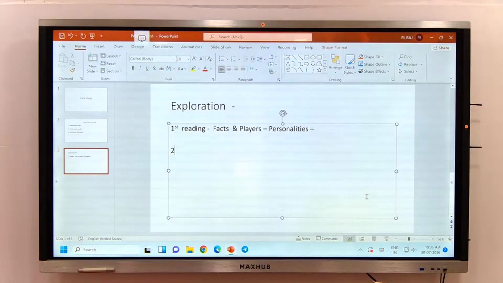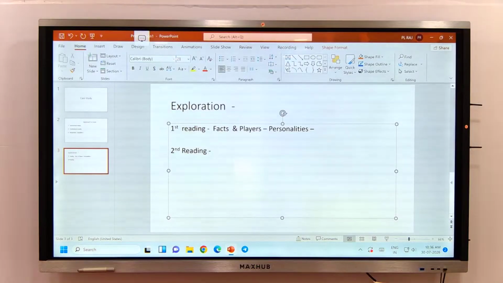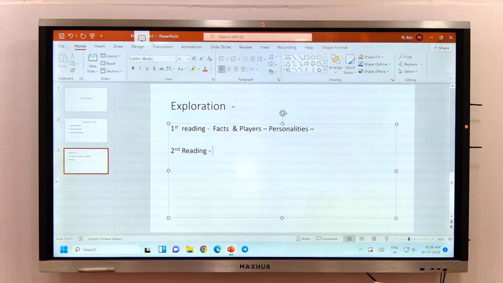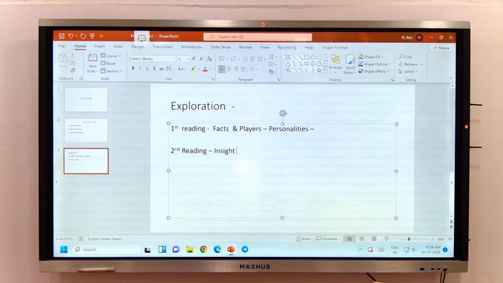Then the second reading of the case, that deals with the insight of the problem, the insights of the case.